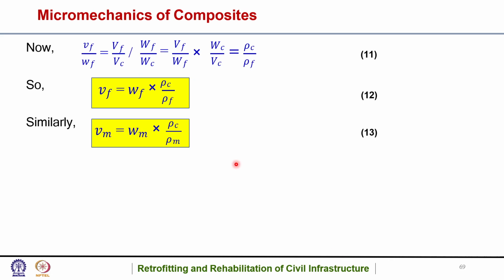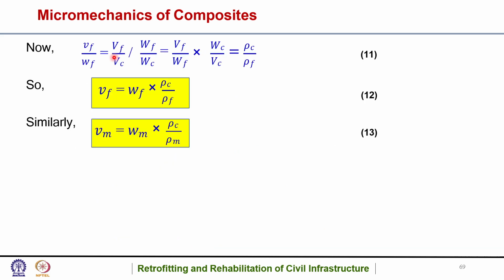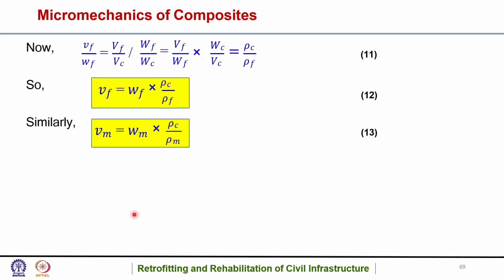Now if we see here, small vf by small wf, so we got the values here. Small vf is capital VF by VC, and small wf is capital WF by capital WC. So this is equal to capital VF by capital WF into capital WC by capital VC, right?